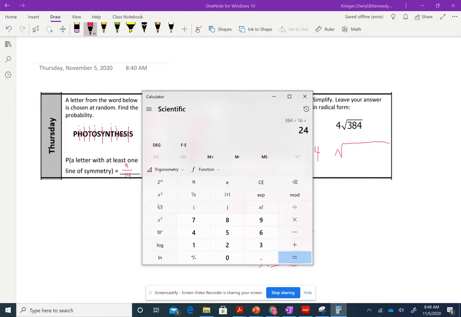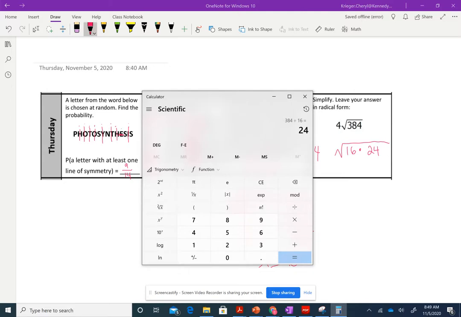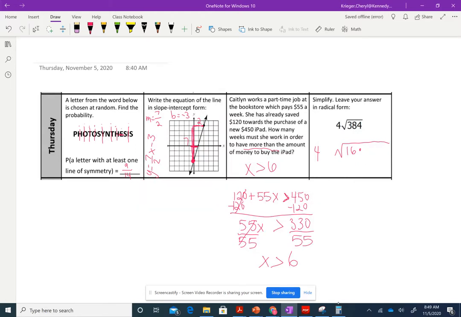But I'm still not broken down into my primes. So let's write this as 16 times 24. And 24 is 4 times 6. So instead of writing 24, I'm going to write 4 times 6 because I want to get out as many perfect squares as I can.